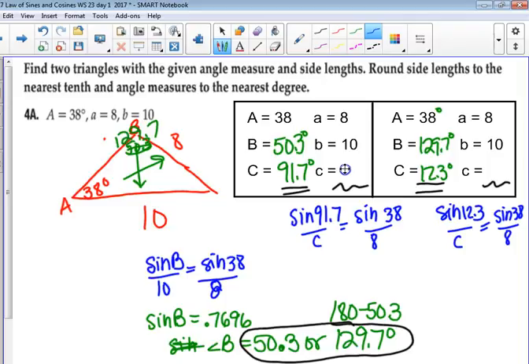This one comes out like 12.99. Did someone get that? So we're going to round to 13. Yeah. Anybody not getting that? Anybody doing that calculation and not coming up with that? And then 8 times the sine of 12.3 divided by the sine of 38, 2.8.